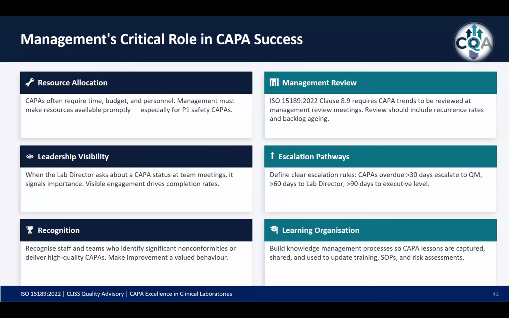Okay. And then management's critical role in success of the program. Management need to be visible and they need to allocate resources to support closing and responding to CAPAs. And leadership visibility, when the director asks about CAPAs at team meetings, it signals importance and people will see how and why they should be documenting non-conformities.